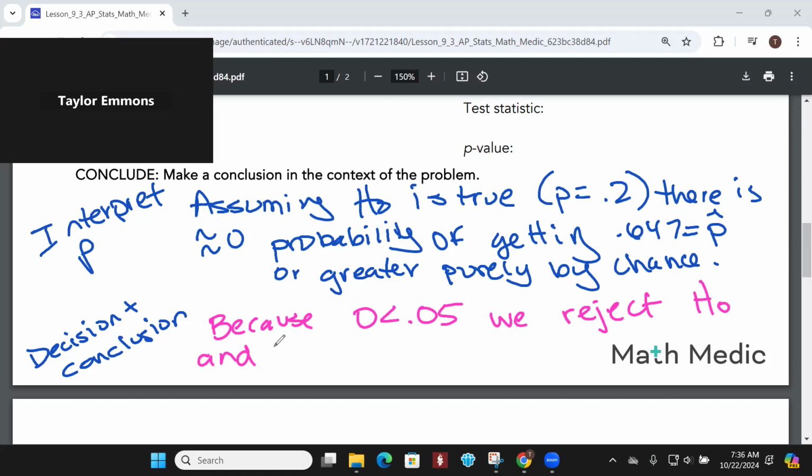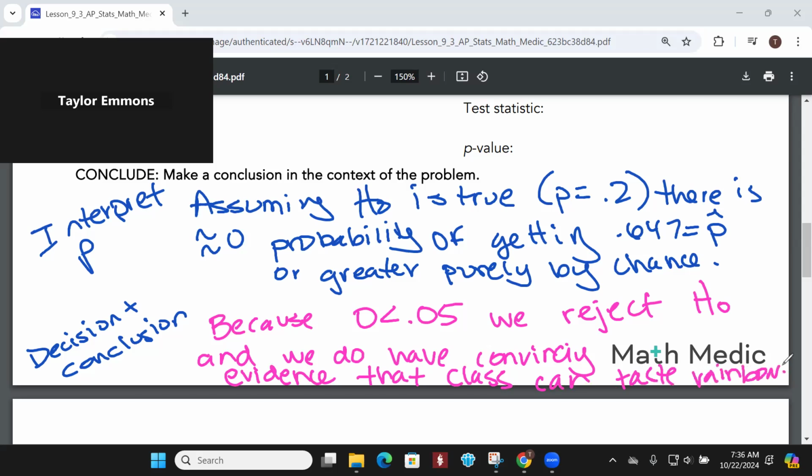Or do we not have convincing evidence? We do have convincing evidence that this sample, the 0.647, that the class can taste the rainbow.